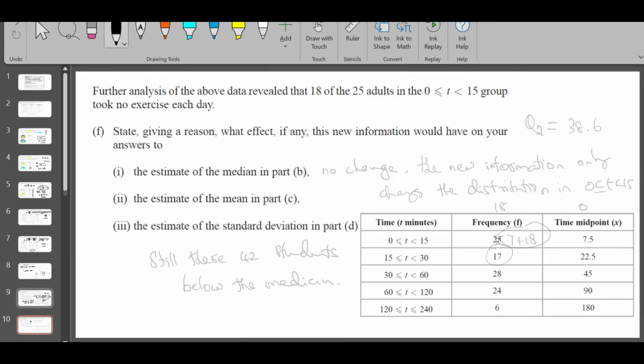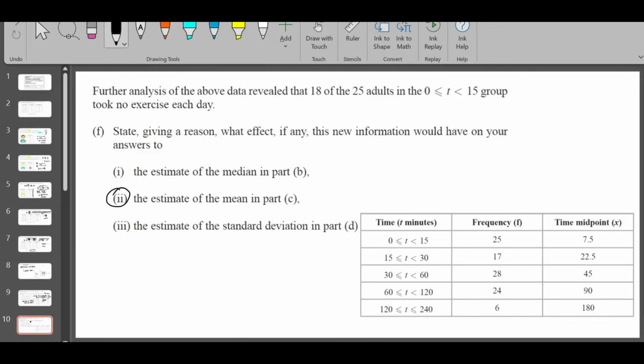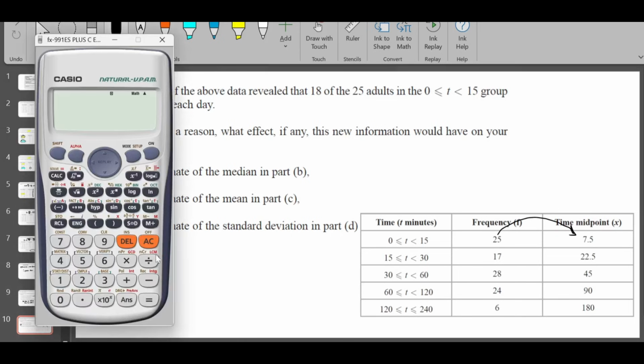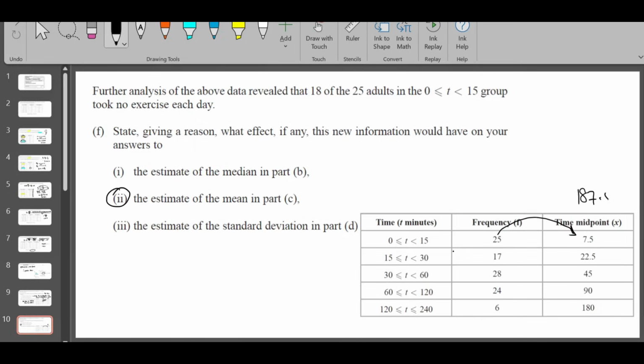Now let's look at II now. What will happen to the mean? To find the mean, we are multiplying 25 by 7.5, right? When you multiply 25 times 7.5, you are going to get 187.5, right? But now we know 18 of them took no exercise, so we are going to multiply by 0, and the balance 7 we multiply by 7.5, right?